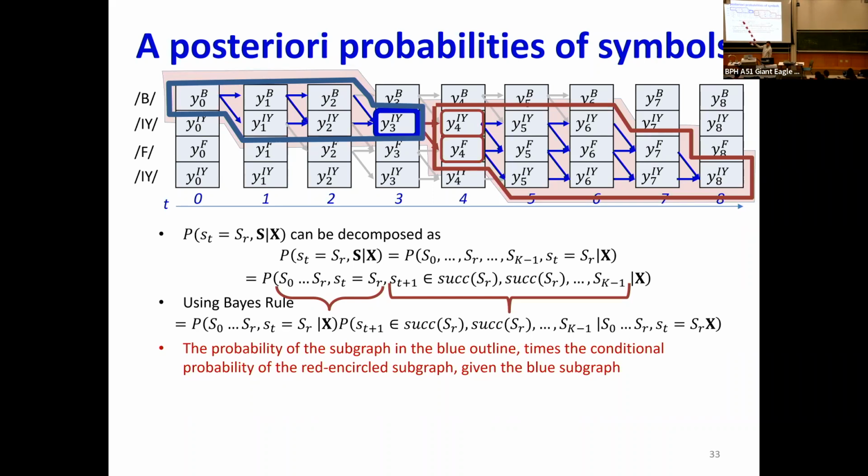So the probability of the total graph, by Bayes' rule, is going to be the probability of the graph in the blue box times the probability of the graph in the red box, given that the early portion of the input fell in the blue box. That's Bayes' rule, right? Questions? Yeah. So the transition probabilities of the edges, they're all 1.